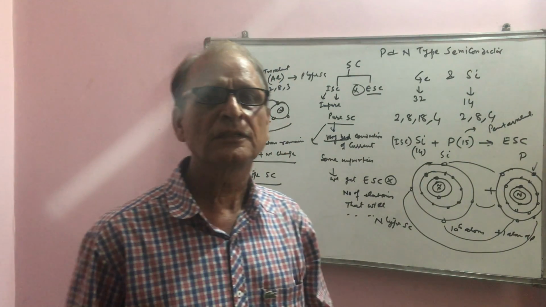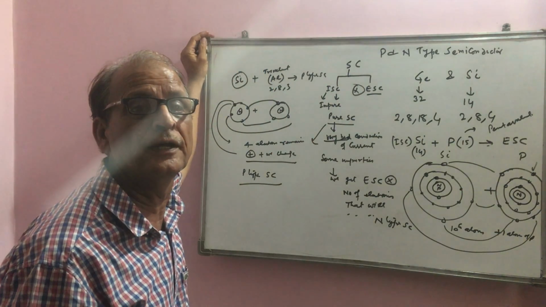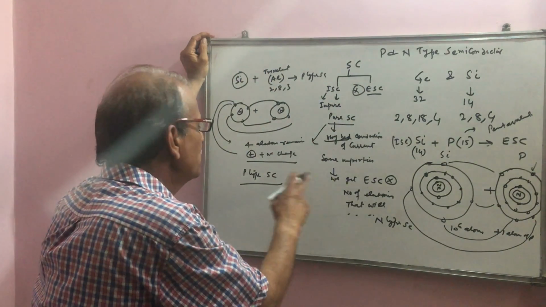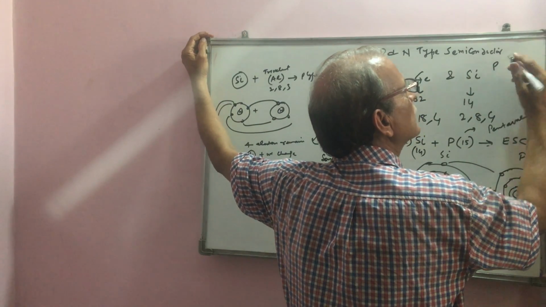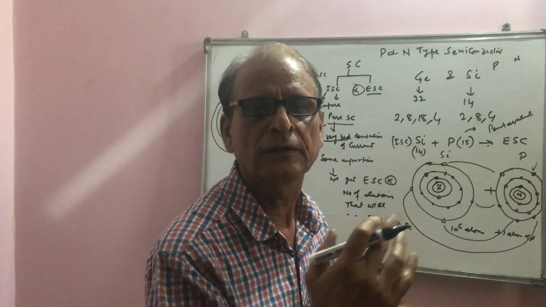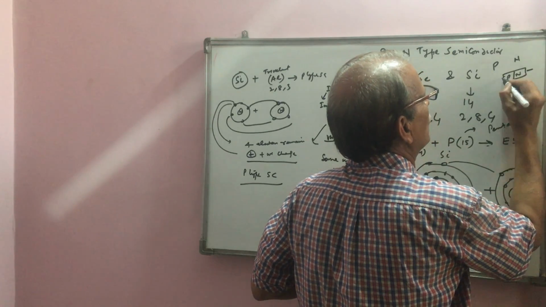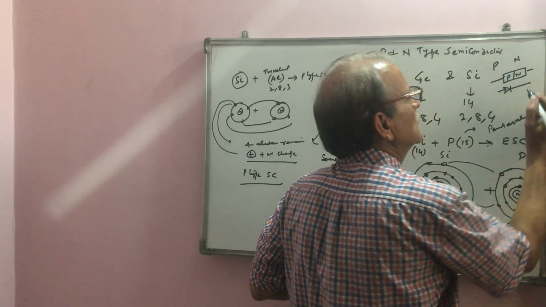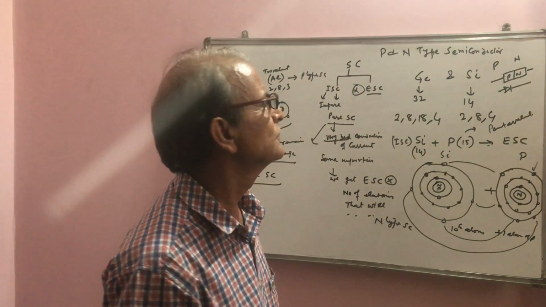So what is the basic idea of discussing this P and N type semiconductor? When we join P and N type semiconductor, we will get a diode. This diode plays a very important role in the field of engineering.